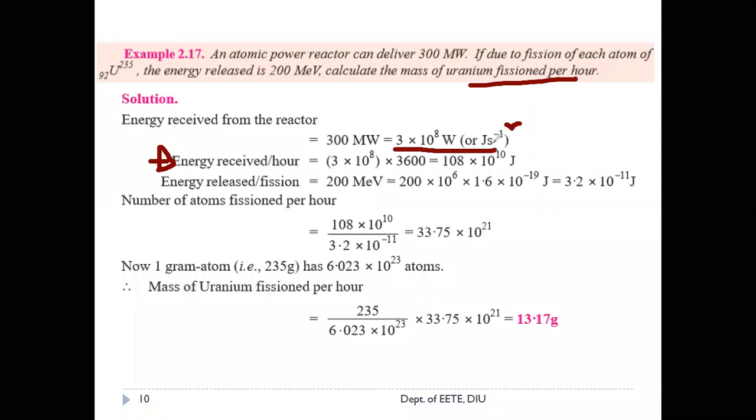This is for 1 second, and for per hour we have to find out how many seconds are in an hour. We have 60 minutes in an hour, and every minute has 60 seconds. So 60 into 60, there is a total of 3600 seconds. If you multiply that, you will get this value. I think you're clear.